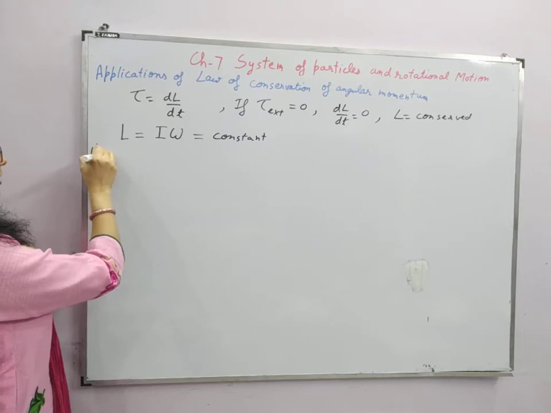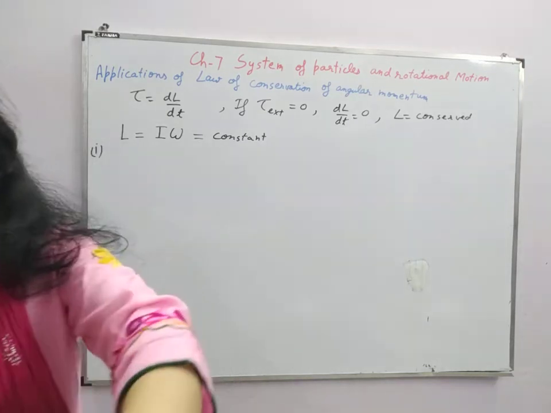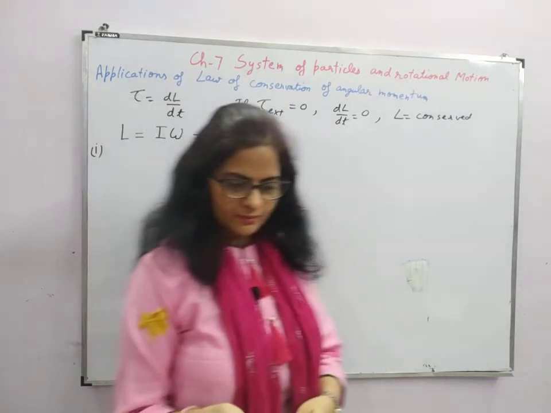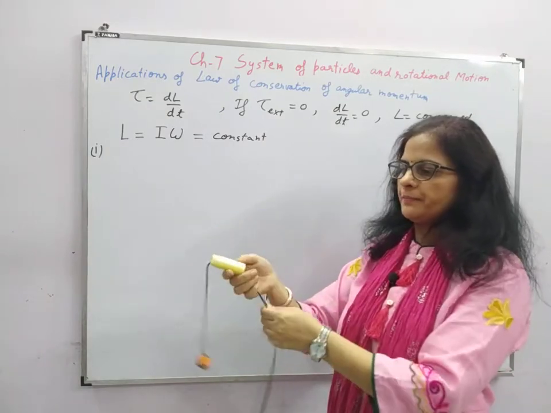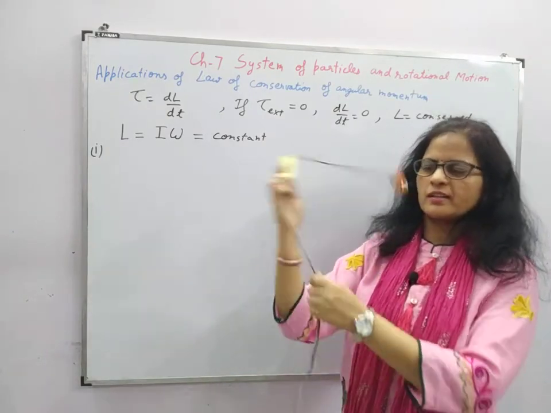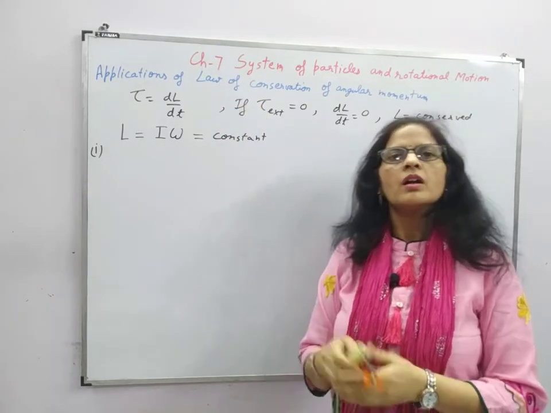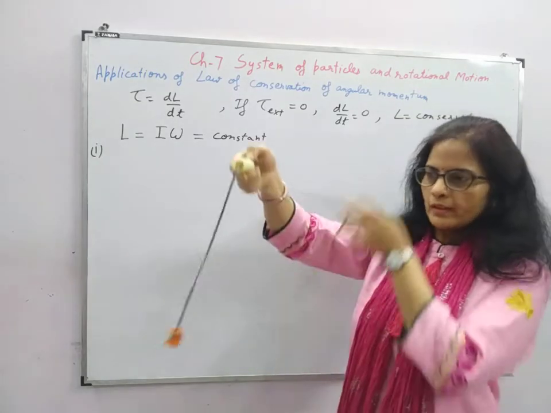Before we discuss the first application, let's take the case which we observed while playing. Suppose something is attached to this thread and I'm just rotating it. Look at this again.